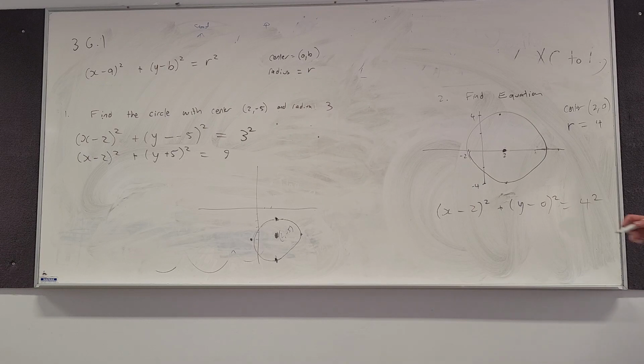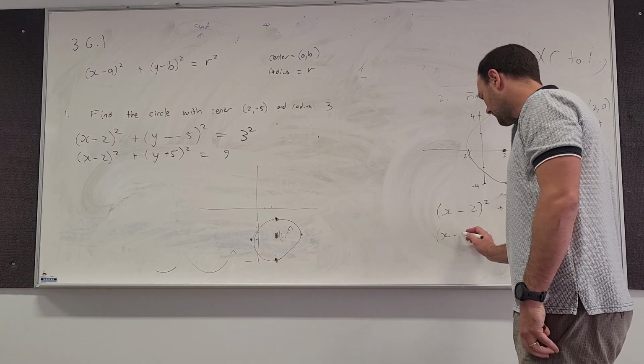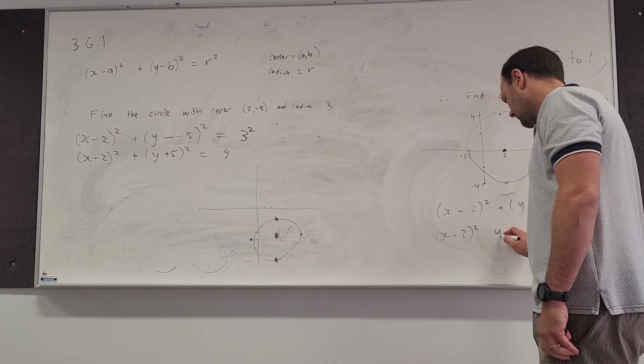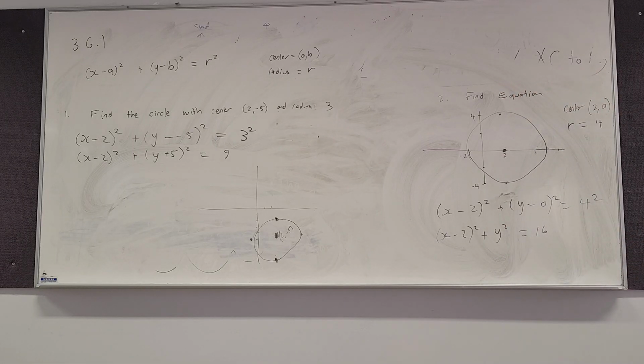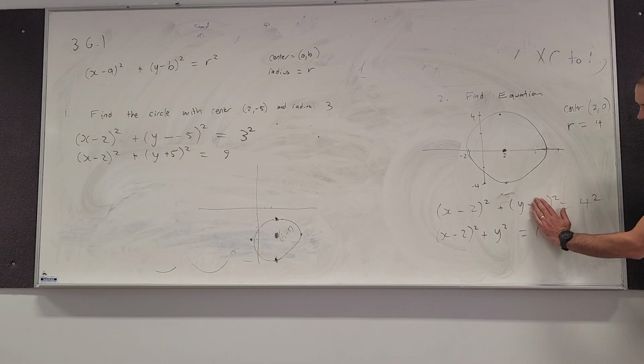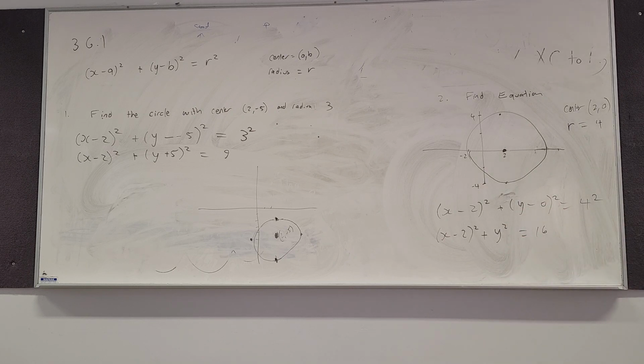All right, and (y − 0)² is just y², because y take away 0 is the same as y. Very good. So that's enough to get started on 3G.1. That's what I'd like us to absolutely shred in this first half of the lesson. So let's do it.